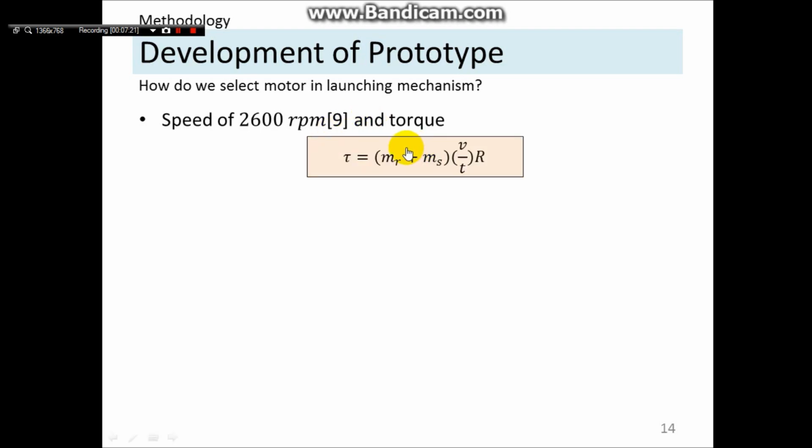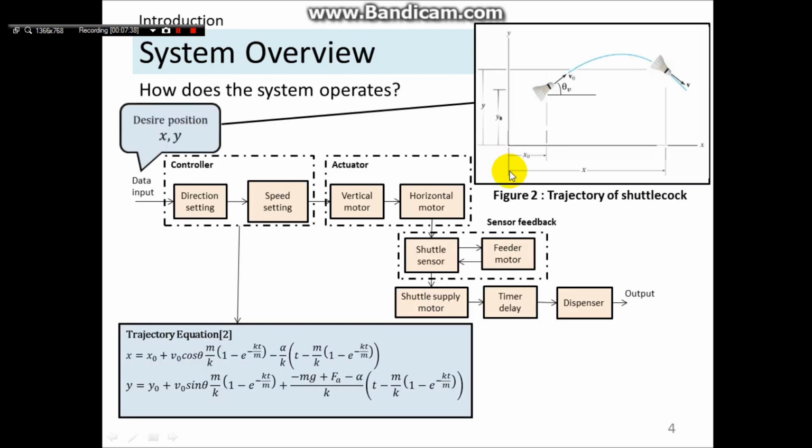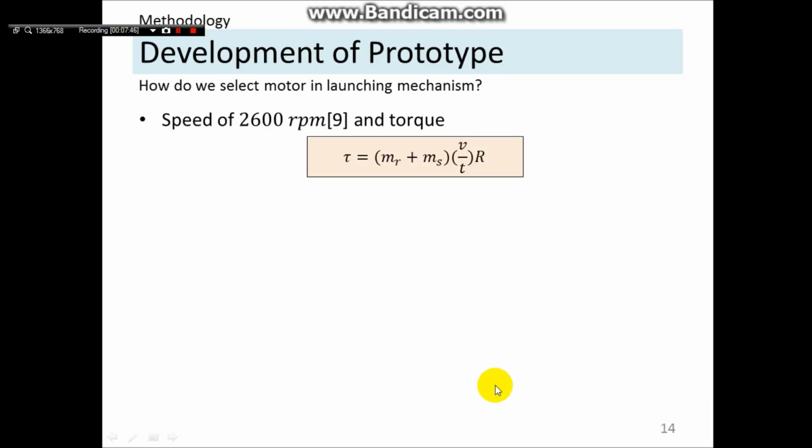And we use this torque formula, where MR is the mass of the racket, MS is the mass of the shuttlecock, T is the time, R is the length of the racket, and V is the velocity. To find the velocity, we use the trajectory equations by inputting the X and Y axis to get the VO for X and VO for Y.